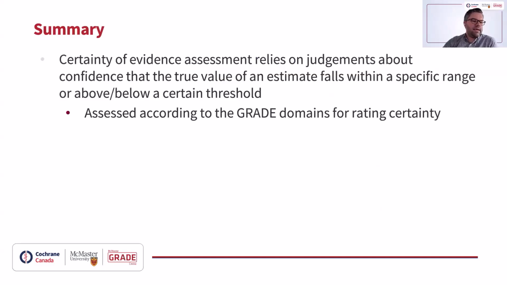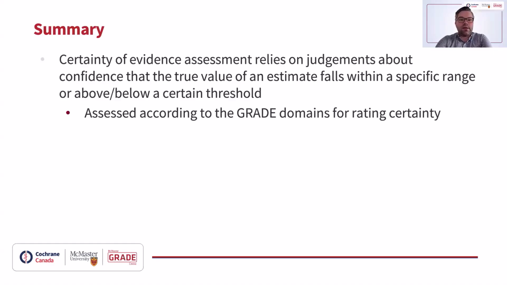So in summary for today, and we can get to questions and comments, the certainty of evidence assessment relies on judgments about the confidence we have that the true value of an estimate falls within a specific range or above or below a certain threshold.